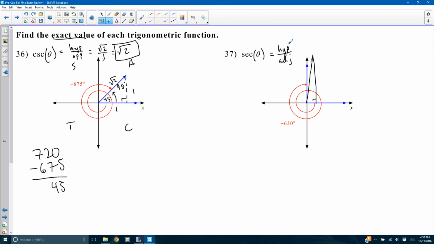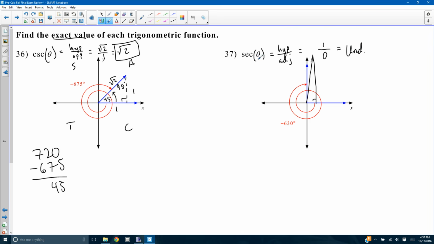Your hypotenuse can be whatever it needs to be. In this case, we can refer in terms of a unit circle. The hypotenuse would be considered to be 1. Same with the opposite. It would also be 1 because it would be this guy right here closing up on that line. So hypotenuse is 1. Adjacent side is 0. 1 divided by 0 is undefined. So there is no exact value for this one.